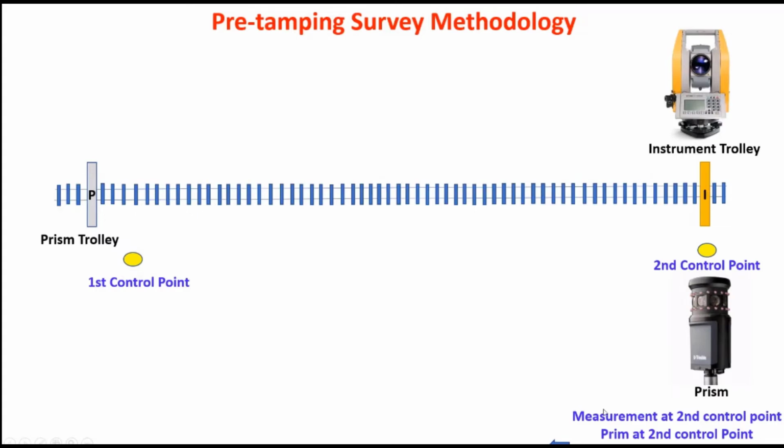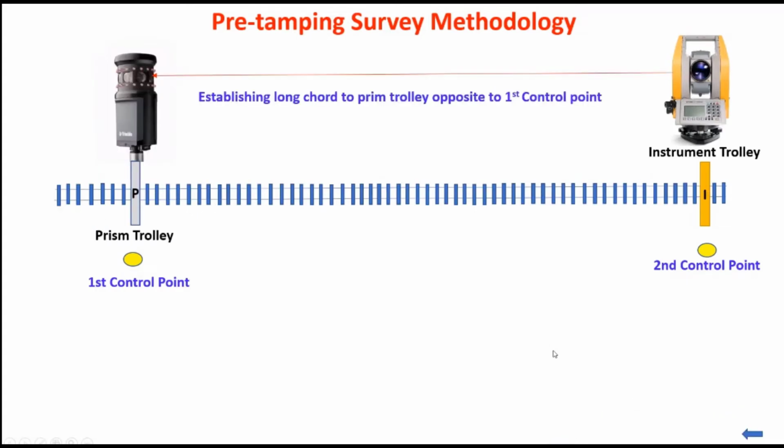Now this instrument total station is locked, fixed at this second control point, and then the prism trolley is placed opposite the first control point.